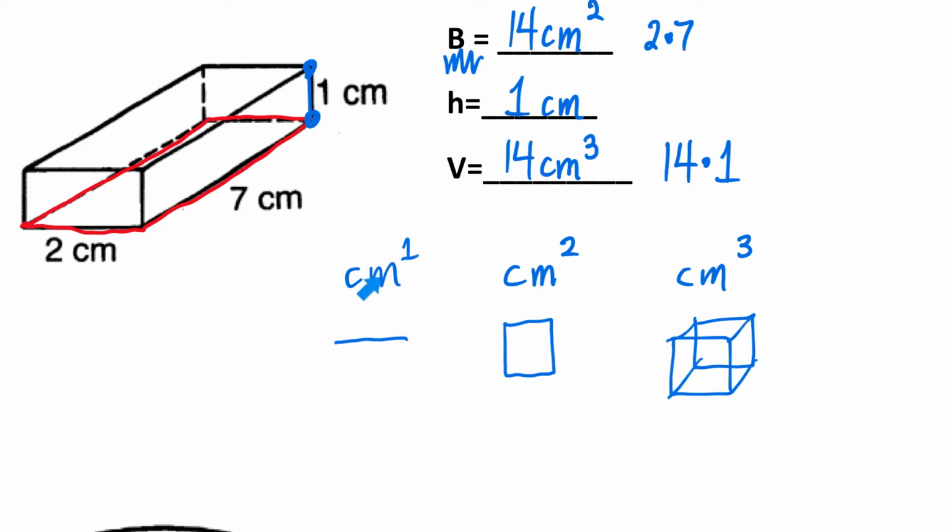Because if you think about it, centimeters to the first are just centimeters, it's just a linear measurement. It's only left, right. That's one dimension. Centimeters squared has two dimensions. You can go left, right, and up and down. Centimeters cubed, you can go left, right, up, down, and forward to backwards. Okay, that's one way to think about it.